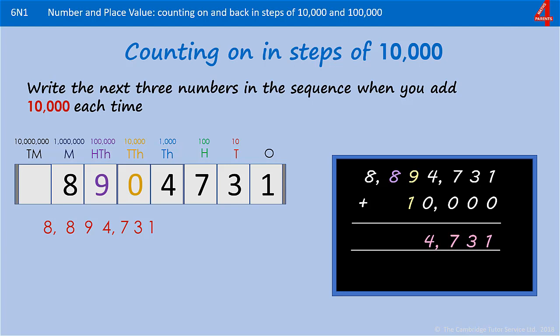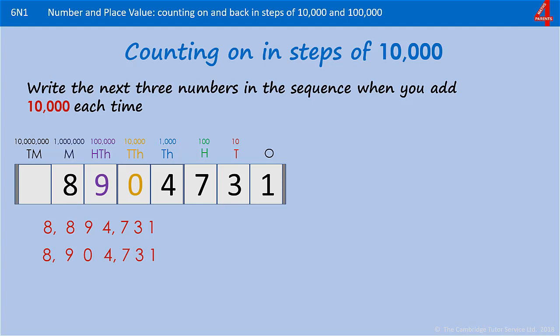So 9 add 1 is 10. We put the 0 in there and we carry the 1, which is actually carrying 100,000. And we need to add that 100,000 onto the 800,000. So that becomes 900,000. And then the 8 million stays the same. So there's our next number in the sequence.